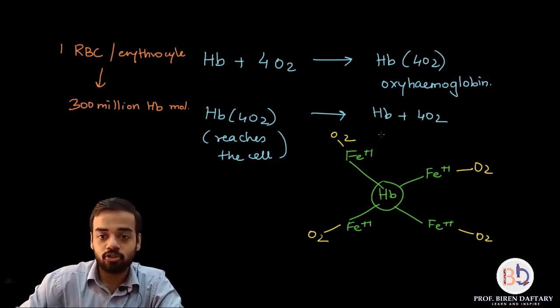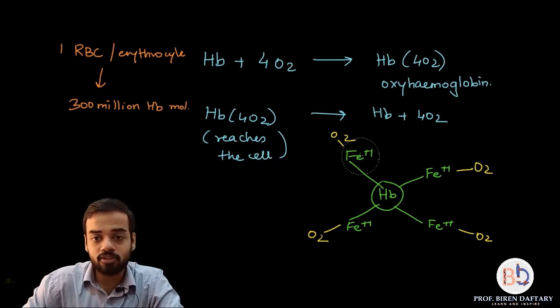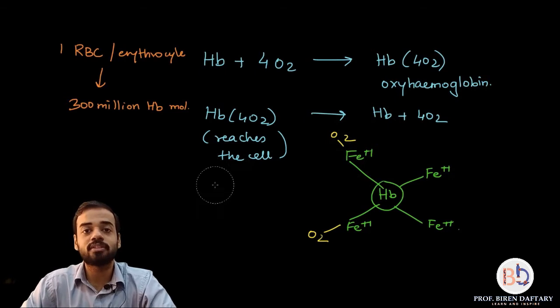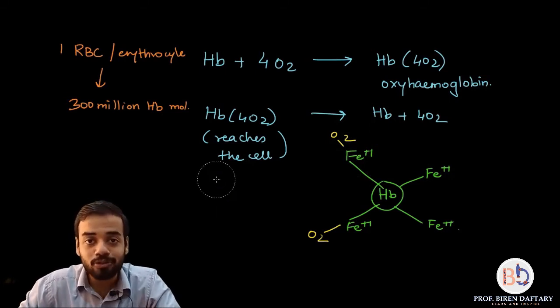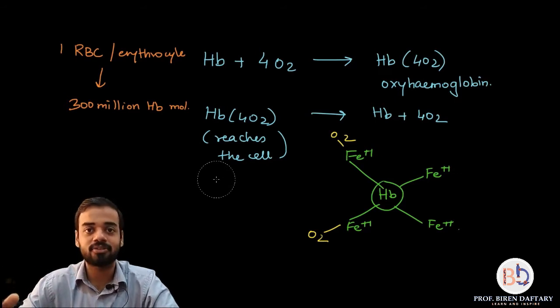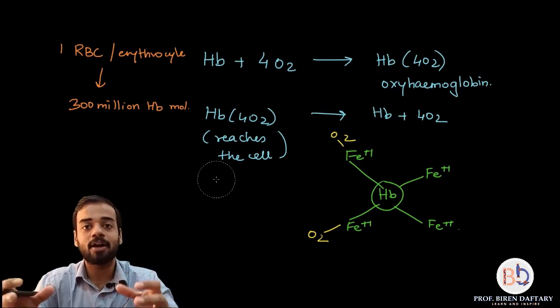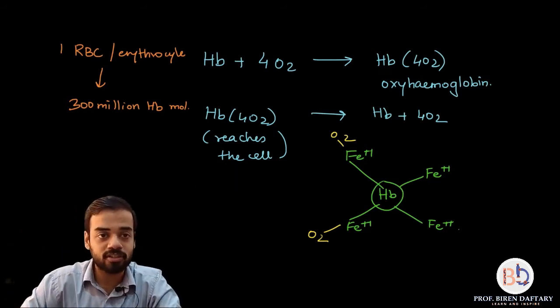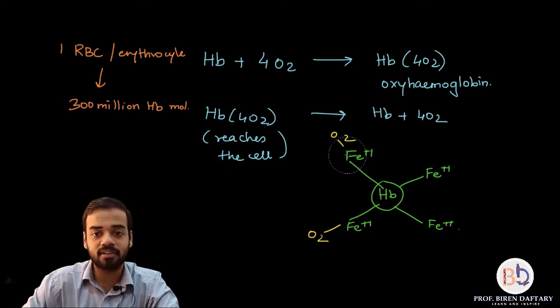Suppose these 2 iron atoms are not bound by oxygen, then this structure is Hb2O2, and it is unsaturated. So you know what saturated and unsaturated mean: saturated means no more oxygen molecules can bind to the hemoglobin. Is this clear? I hope it is clear why the Hb4O2 structure is formed.